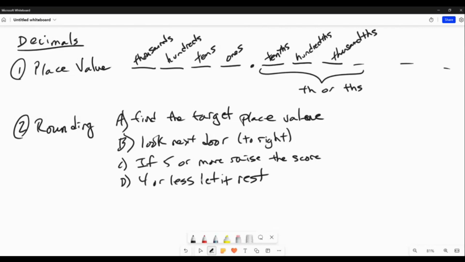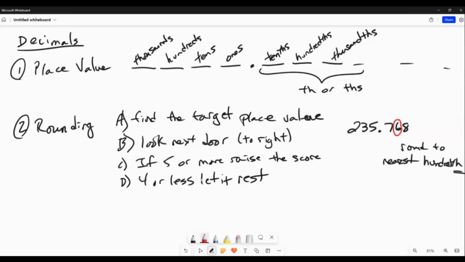So for example, if I have 235.768 and it tells me to round to the nearest hundredth, it ends in TH. So step 1, target value, hundredth. That is this decimal place right here.